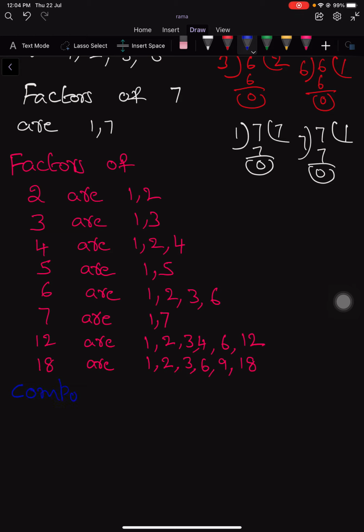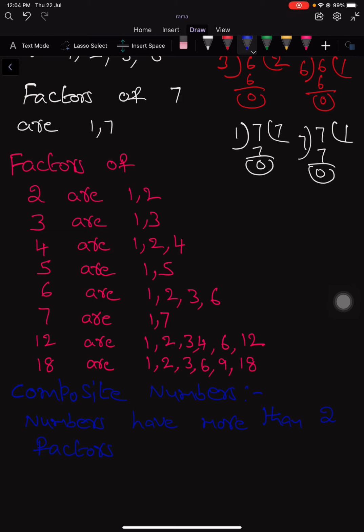Composite numbers have more than two factors. Students, a number having more than two factors is called a composite number.